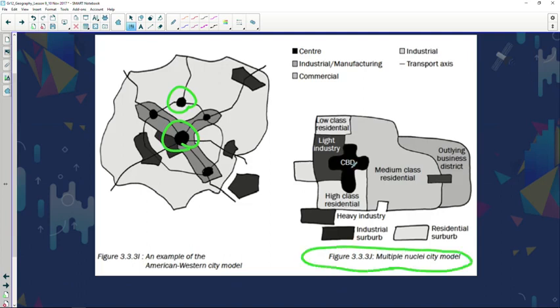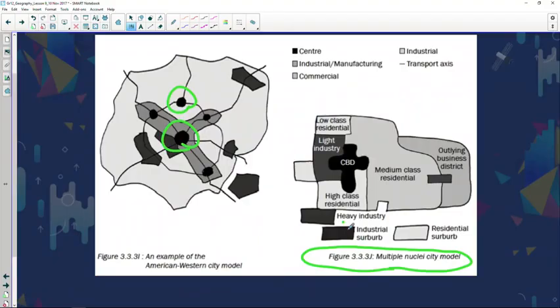As you can see, there's your CBD. If you look at the urban profile, very similar to that. You've got your light industry surrounding the CBD, then you've got your low-class residential areas closest, that's the zone of decay. Your high-class residential areas, as you can see, your heavy industries basically on the rural-urban fringe because of the amount of pollution. There's the outlying business district, and there's your middle-class residential areas.